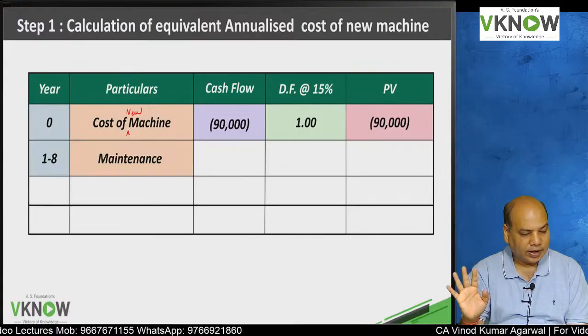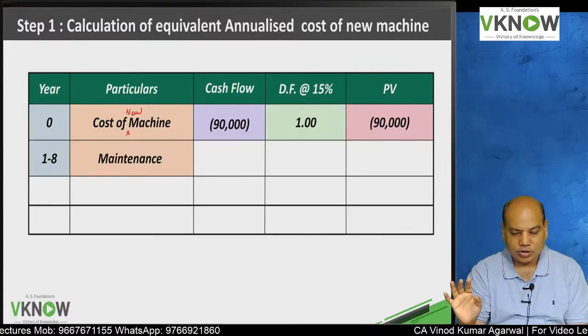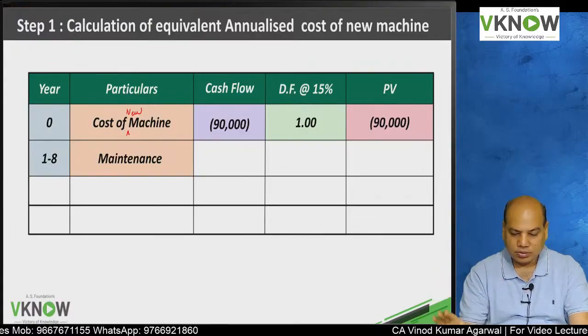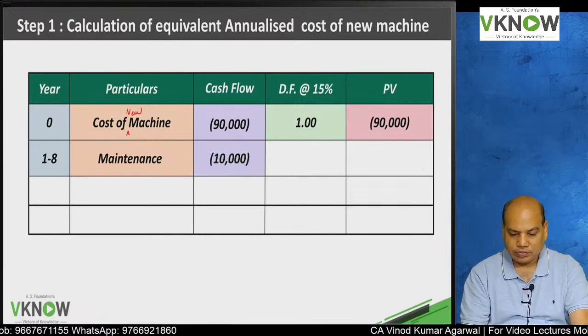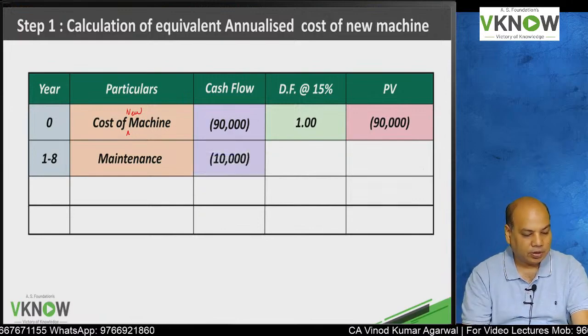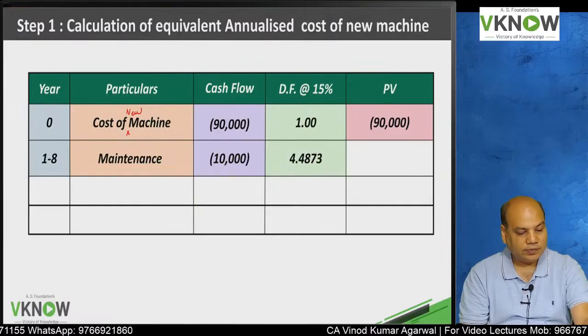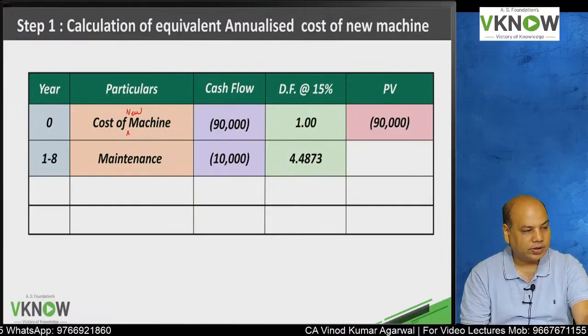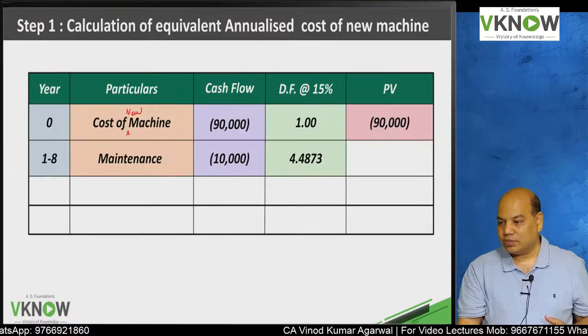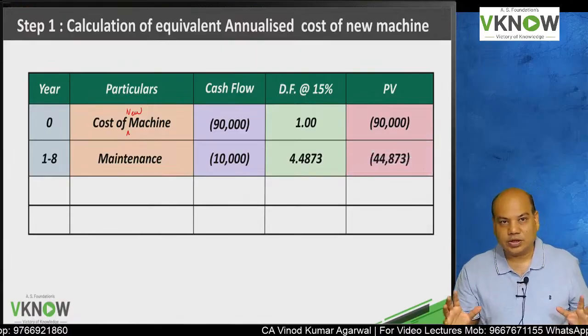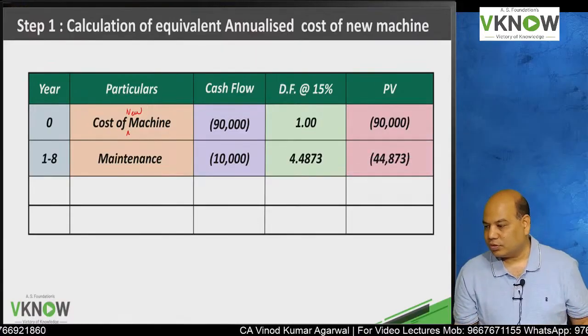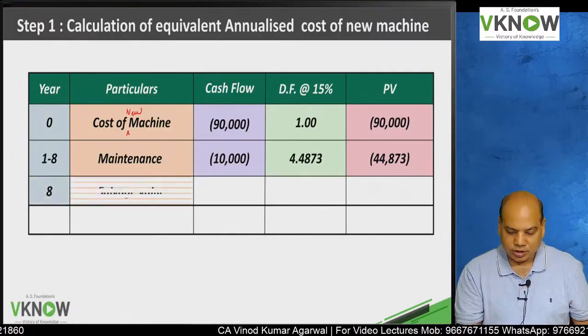It has a life of 8 years. Maintenance cost will be incurred every year equal to 10,000. Annuity factor is given in the problem. Don't compute it, take it from the question. 4.4873. A good student will save time. Trust the institute. Year 8.